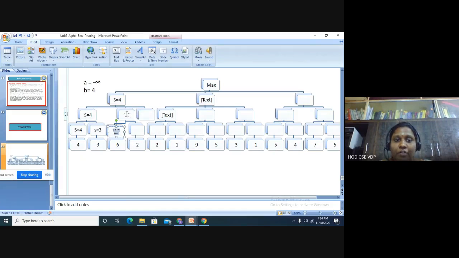The same values I had here have been inherited here, and the same values are inherited here also. Okay, so now this node plays the strategy of max min, right?